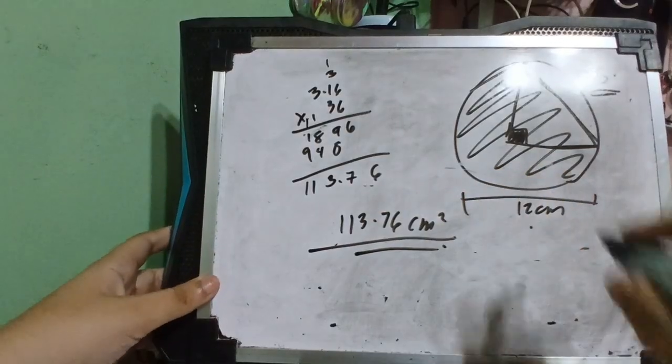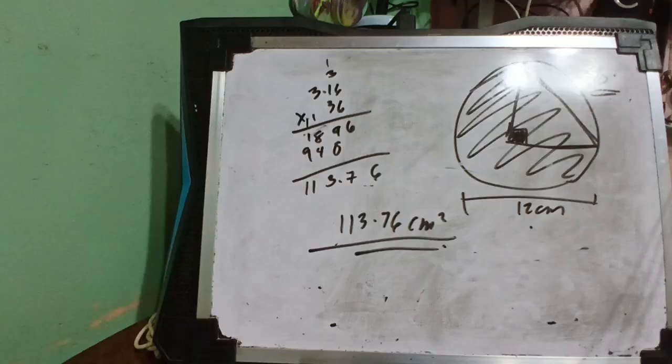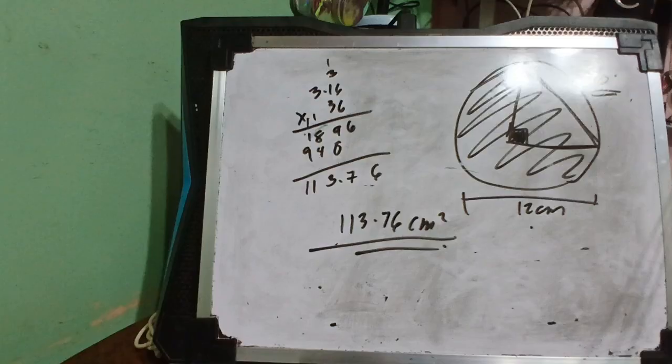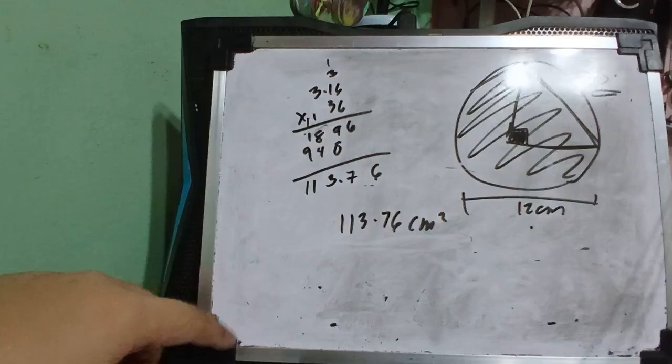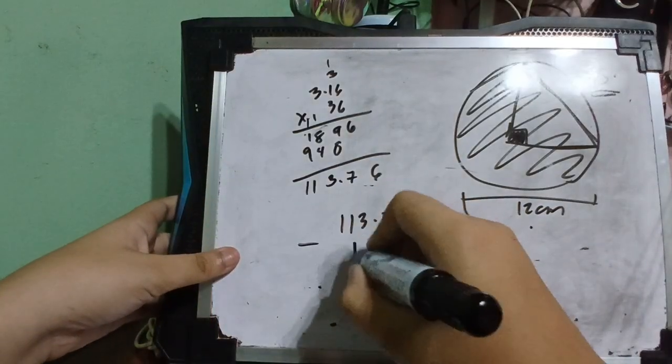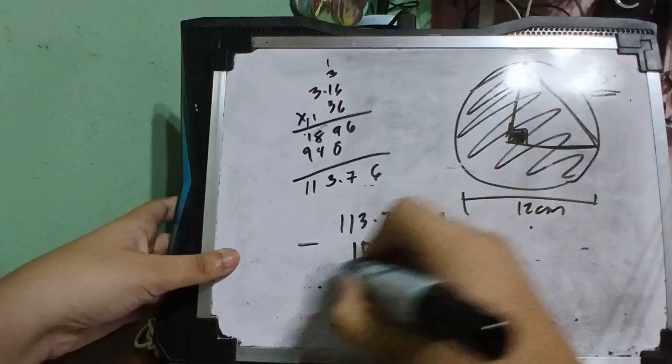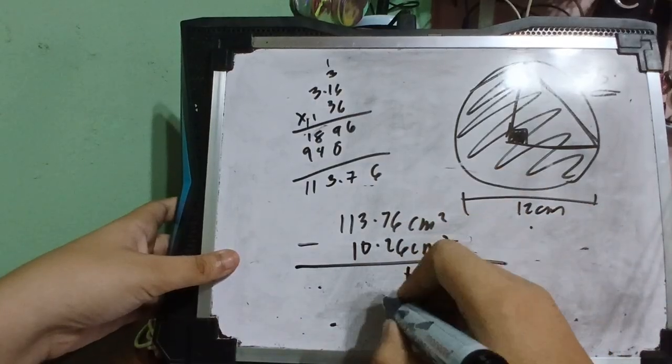Wait, is that the area of the shaded region? No, that's only the area of our circle. Hindi pa yan. From the area of the circle, we subtract 10.26, right? Ayun.